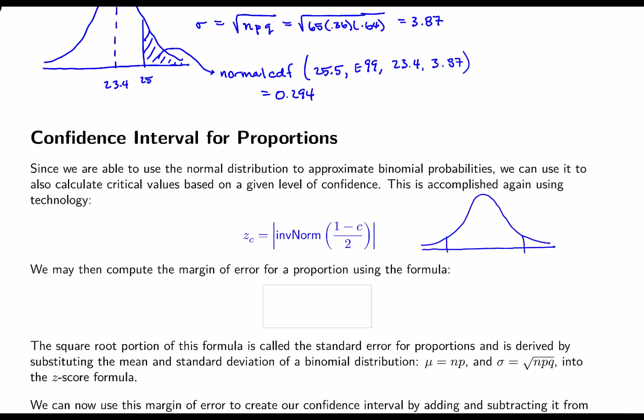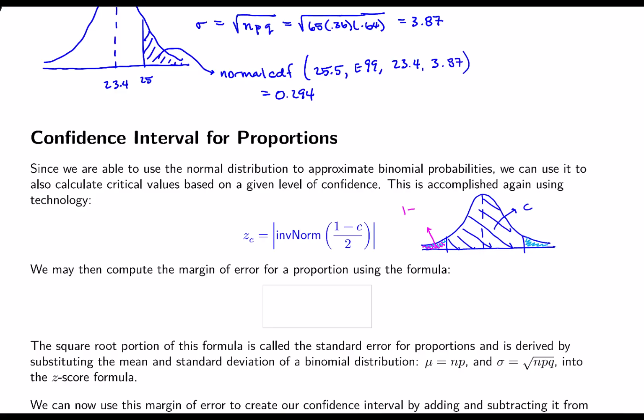We declare what we want the level of confidence to be, which is going to be balanced about the center of the distribution. So this area here is our level of confidence. If you take 1 minus that value, it gives you the area in both tails. But if you divide that by 2, it gives you the area in just one of these tails.